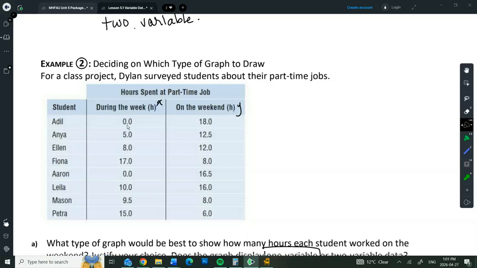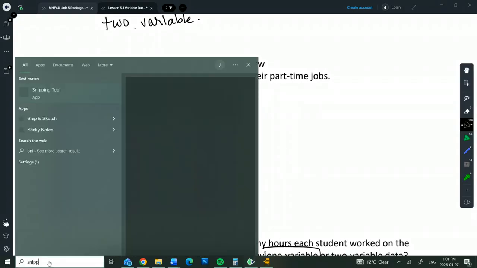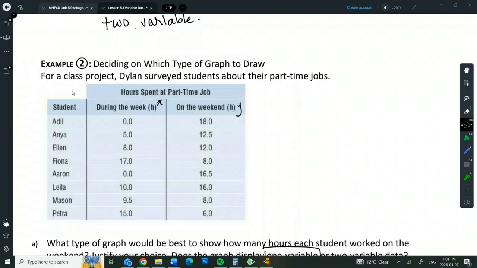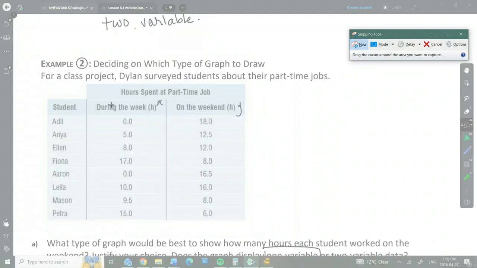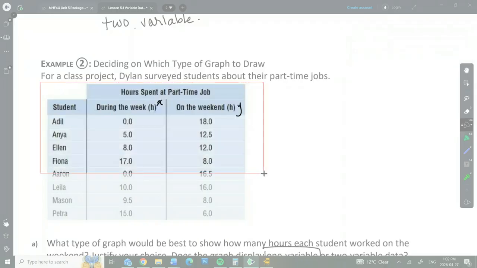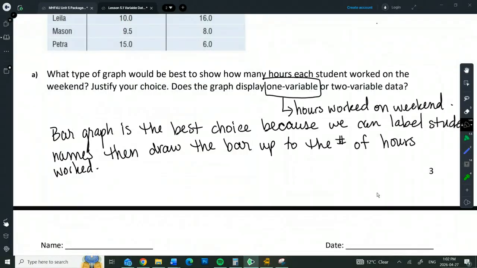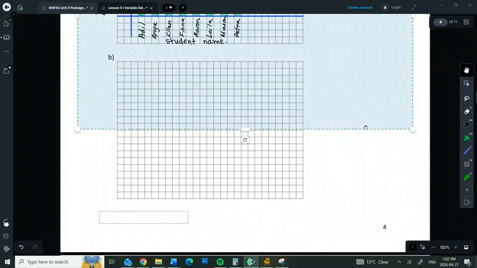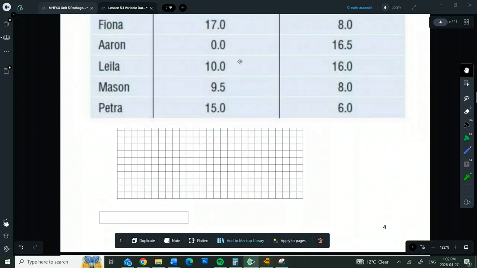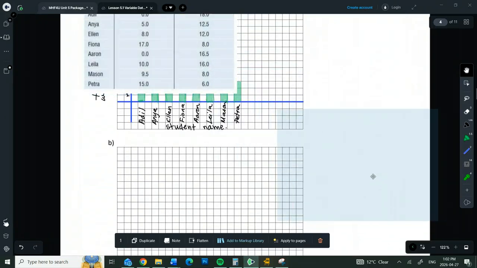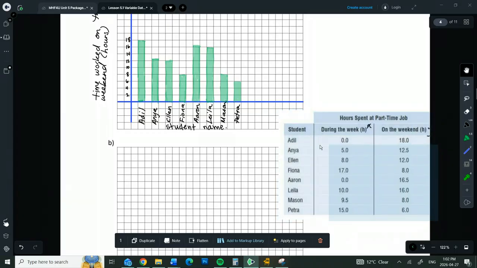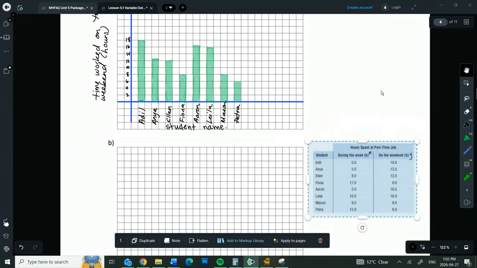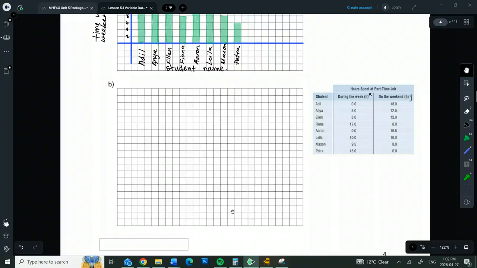All right, so I just snip this over here quickly. You can start making your X and Y axis. So it'll be slightly different, right? Because you're not going to have the names of the students anymore.